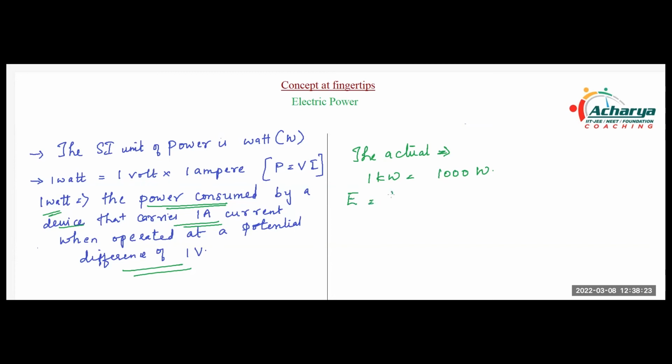We know that energy is equal to power into time. So the energy unit can also be written as watt into hour. That means power consumed in watt for 1 hour.